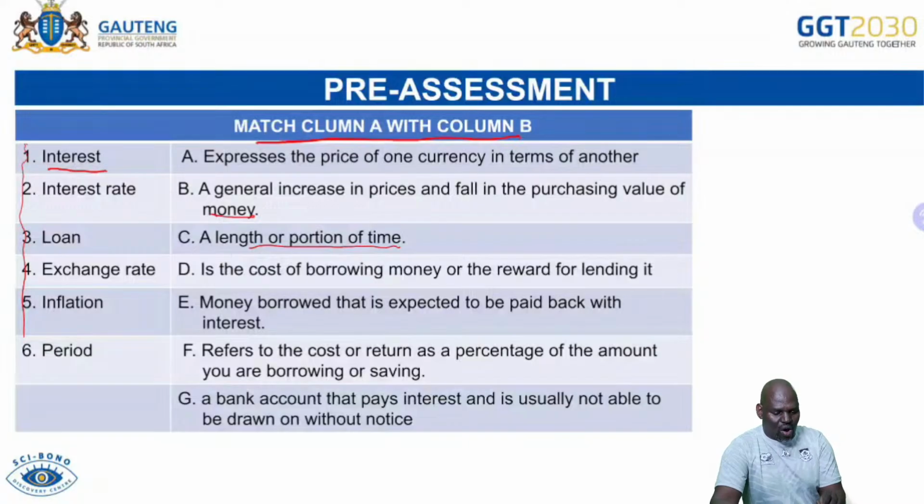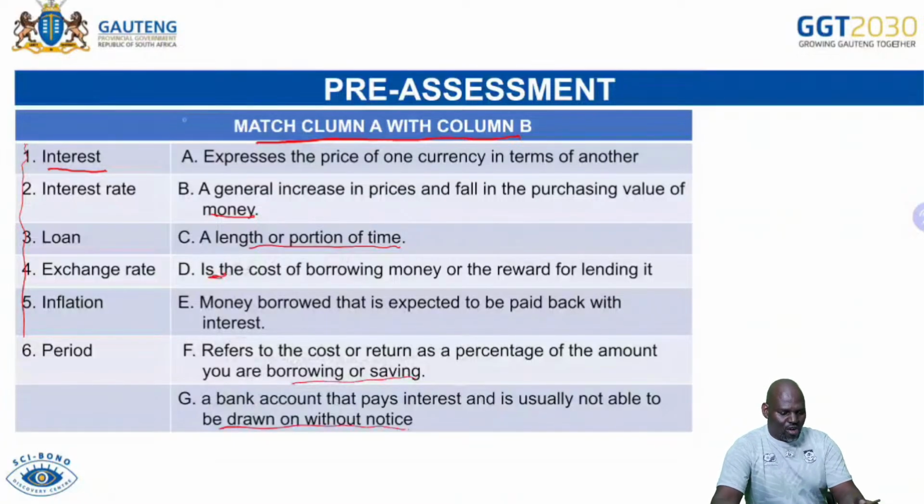This one looks like the correct one, but let us check the rest. The next one is money borrowed that is expected to be paid back with interest. That is not interest. Refers to the cost or return as a percentage of the amount you are borrowing or saving. Definitely not this one. A bank account that pays interest and is usually not able to be drawn without notice.